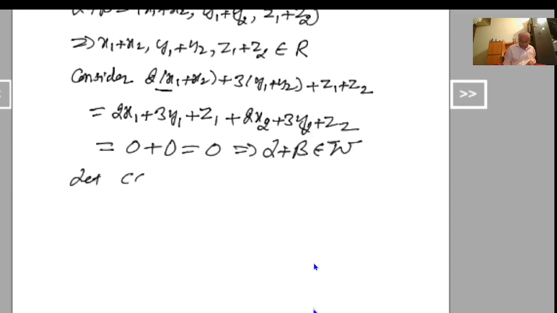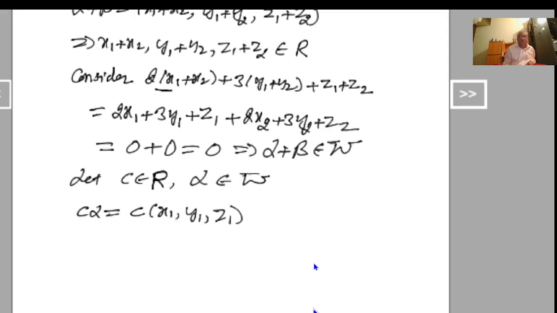Let C belongs to F. Here F means R, and alpha belongs to W. Then what is C into alpha? This is equal to C into, my alpha is x1, y1, z1.